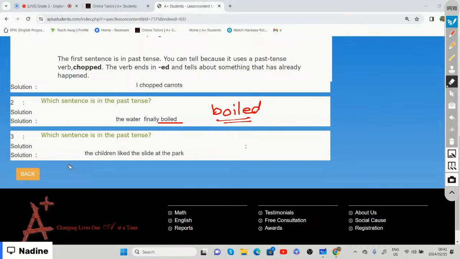Right? And which sentence is in the past tense? The children liked the slide at the park.